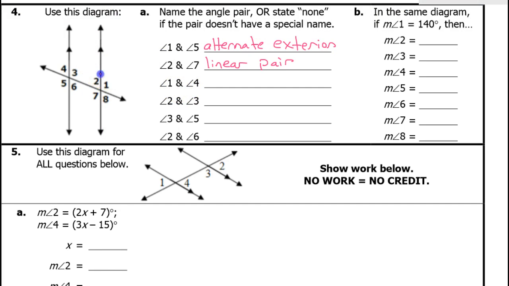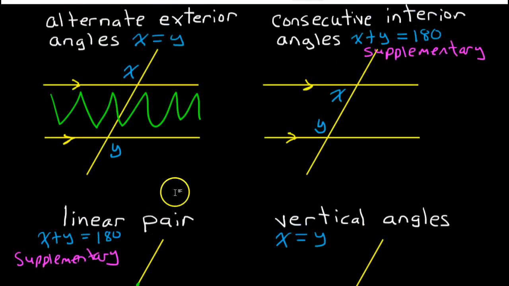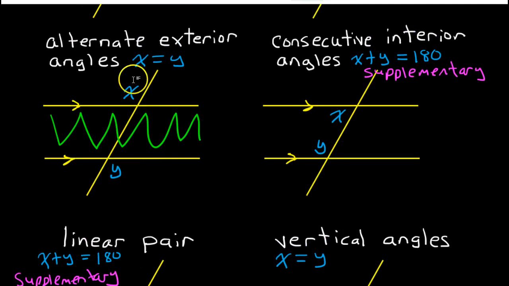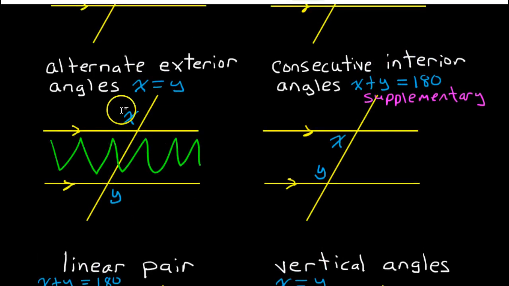Okay, angle 1 and angle 4. I don't think we talked about this before, actually. But based on what we did talk about, I can easily come up with a name for this. We talked about alternate exterior angles, but we didn't say what about if they're on the same side.